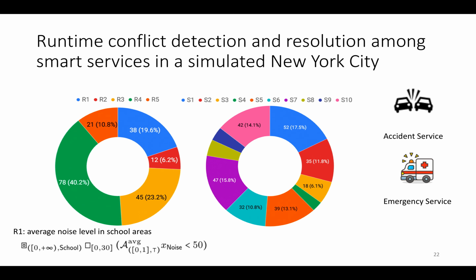And also this accident service and emergency service conflict with other services a lot. So with these results, the city decision makers can think about if they should refine this requirement if it's too strict, or what actions they can take to ensure the operation of these important services.